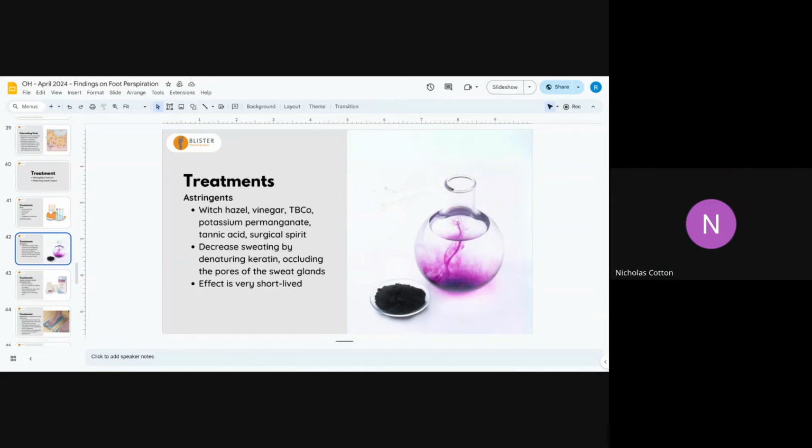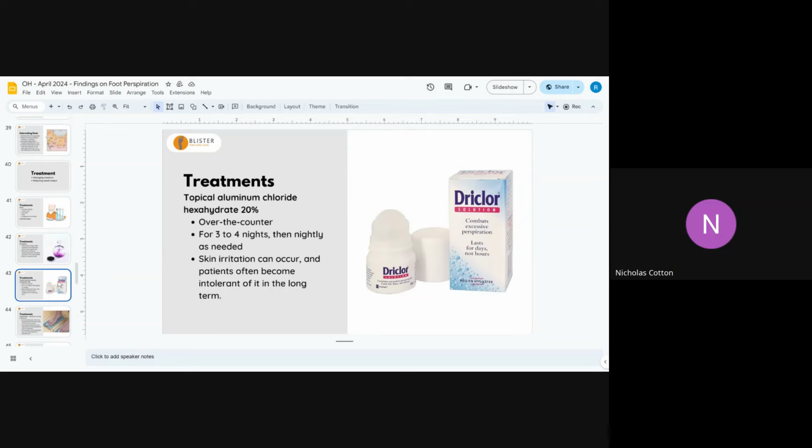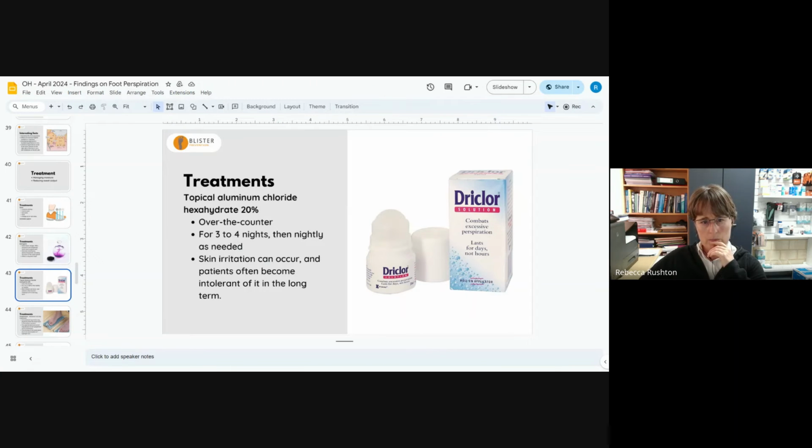But the aluminium one that you pointed out, are there other aluminium chloride products you can buy over the counter other than that one? I don't really know. Yeah, good question for the pharmacist.